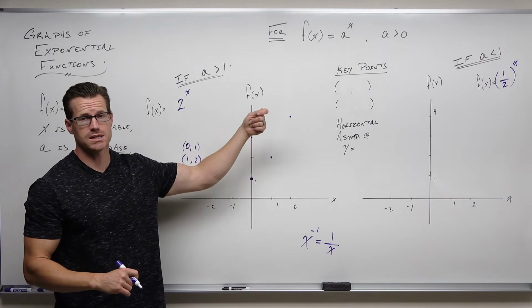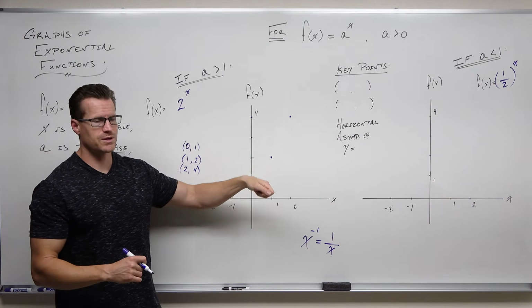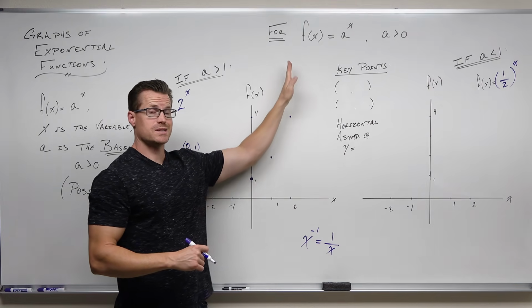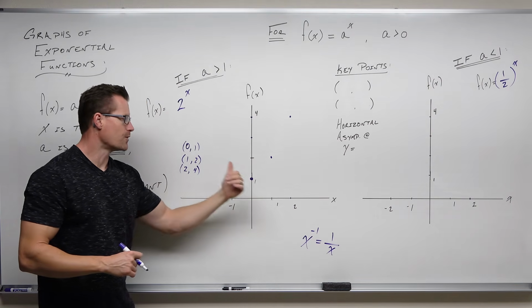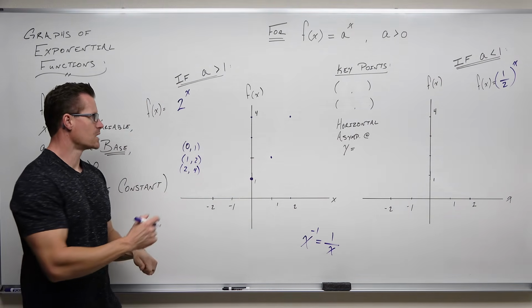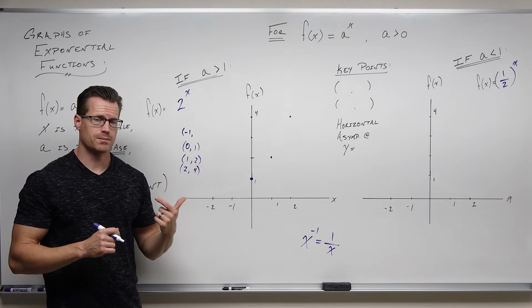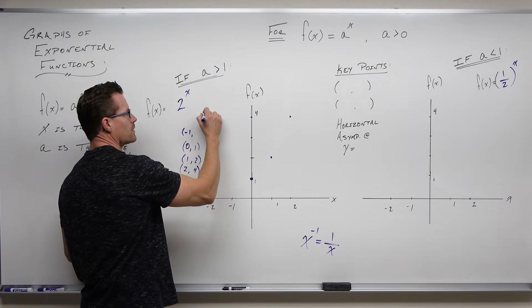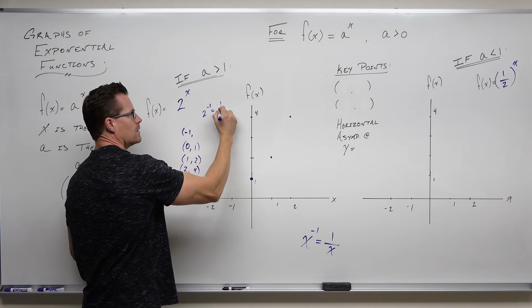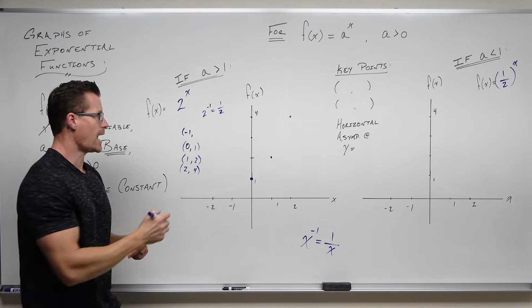2 to the fourth would give us 16. 2 to the fifth would give us 32. This is going to be a pretty steeply climbing graph. Now, if I evaluate some negative values, like negative 1, 2 to the negative 1 power equals 1 over 2. That's going to be 1/2.